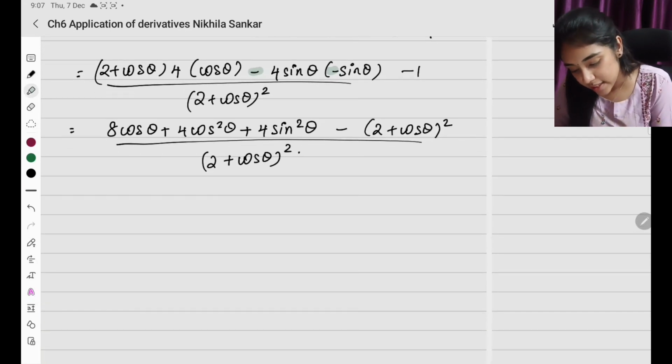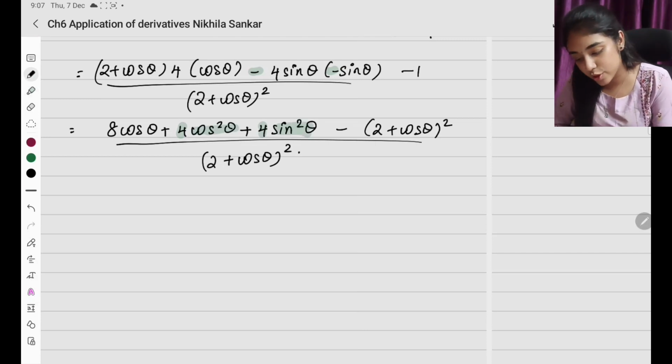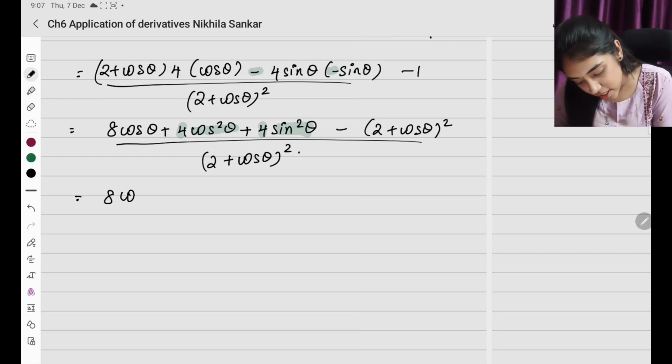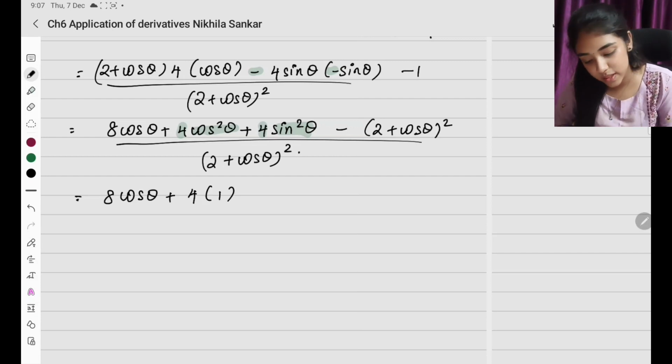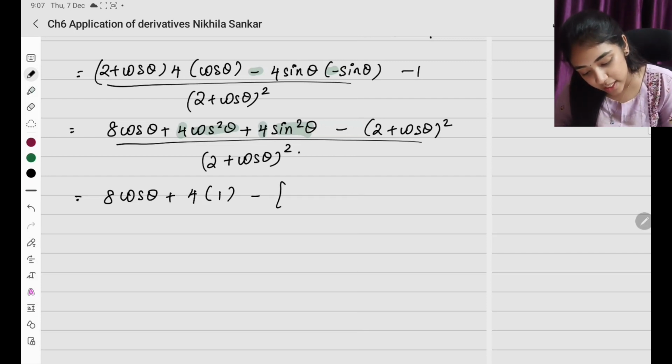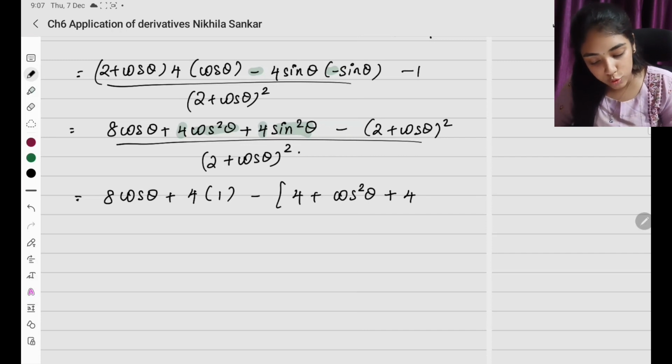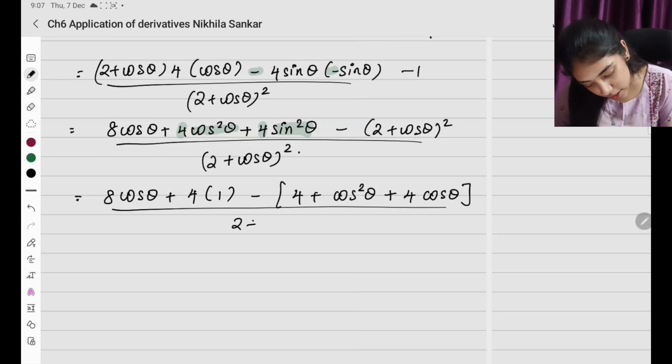Now take 4 common: I have cos square theta plus sin square theta, which is going to be 1. So I have 8 cos theta plus 4 times 1, minus, when I open this bracket, (a plus b) the whole square, a square plus b square plus 2ab, which is 2 into 2, 4 times cos theta, the whole divided by 2 plus cos theta the whole square.